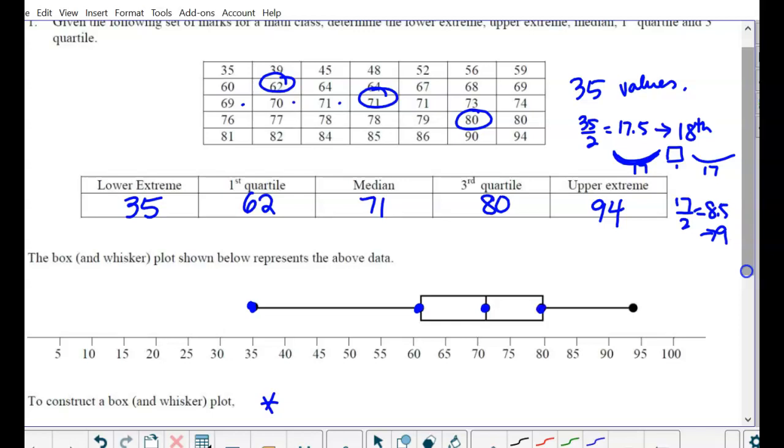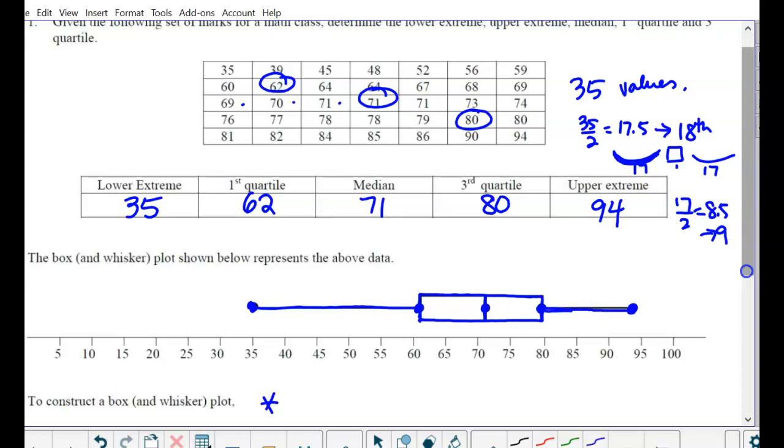At your third quartile, then draw a line to your upper extreme. Then just move your ruler below to draw a rectangle, a box, basically, and above. And then a line through the median. And these you joined up with your ruler as you went.